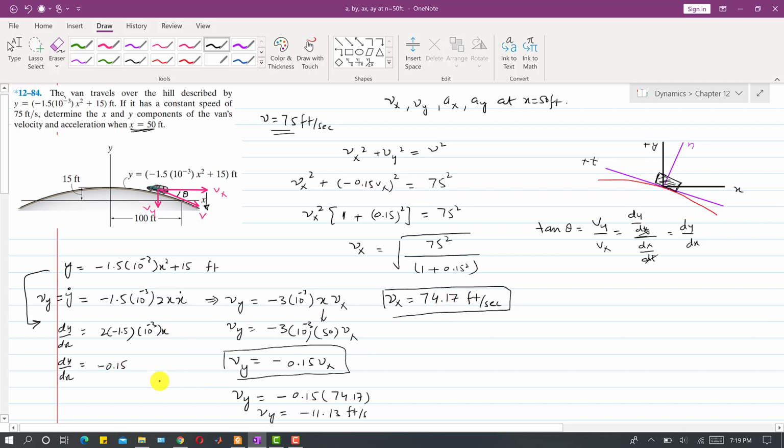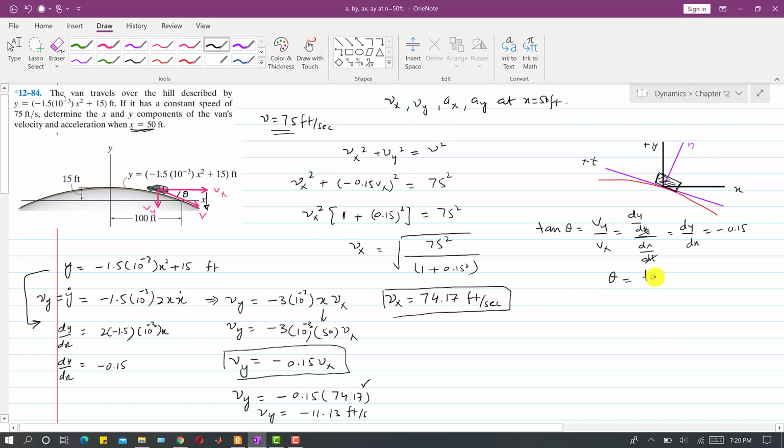And we can confirm this value by taking this ratio. Vy is minus 0.15 into 74.17, and Vx is 74.17, so this will cancel out in this ratio. So this means that dy by dx is equal to minus 0.15. So we can find this theta.